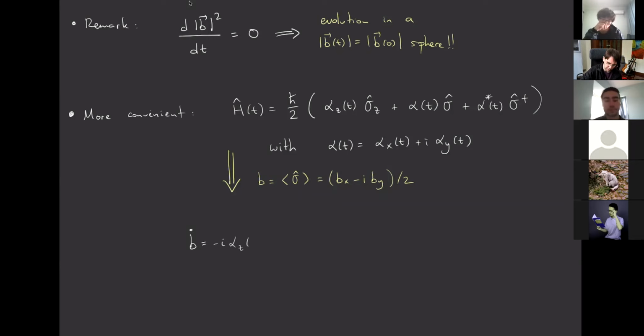And it's exactly this expression that I'm going to give you. So we have only two equations because one of them is complex, the one of B, and they look like this.